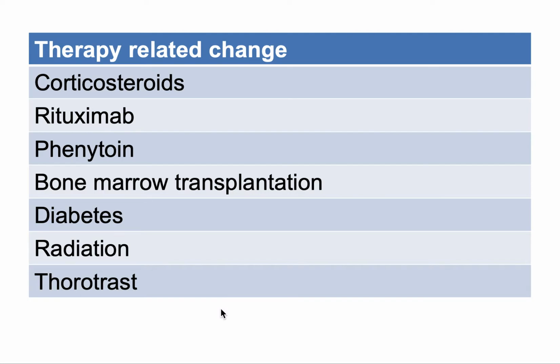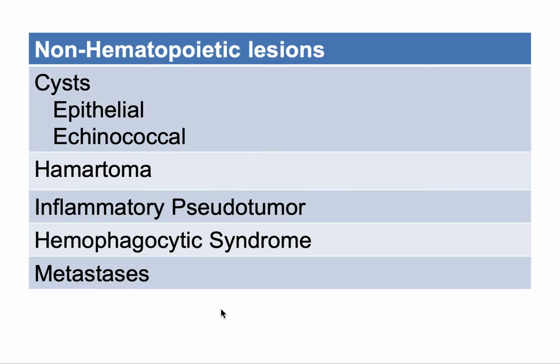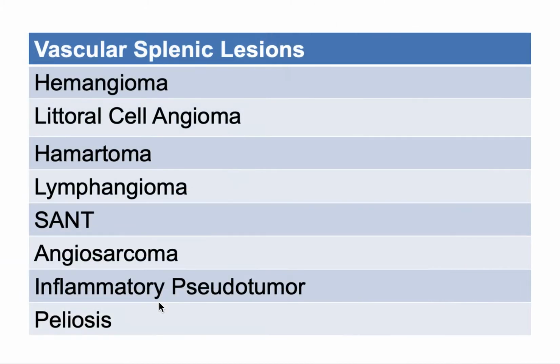You can look up histologic changes. They're pretty non-specific. Other non-hematopoietic lesions include cysts, either epithelioid or infectious, hematomas, inflammatory pseudotumor, hemophagocytic syndrome, and metastases or extrinsic cells.